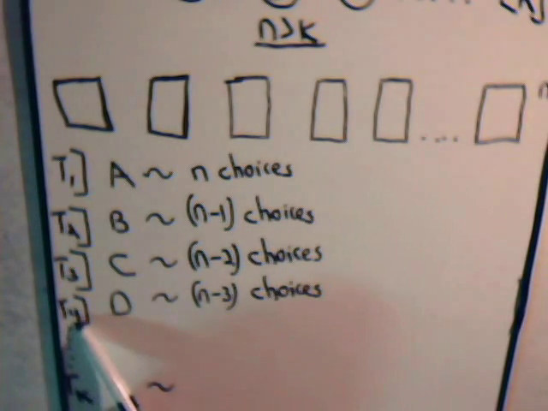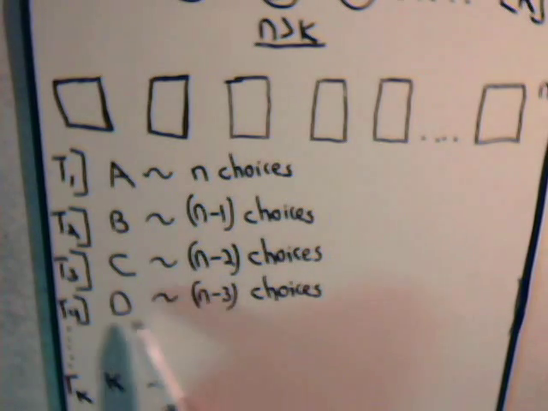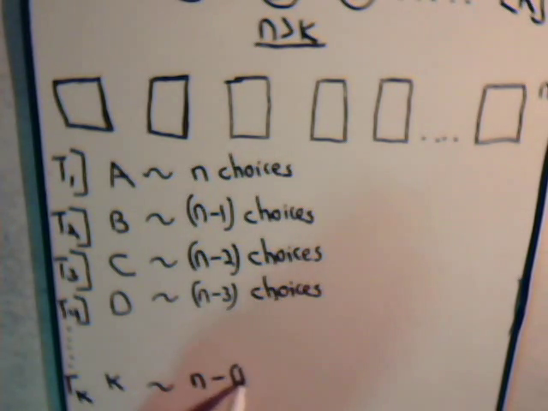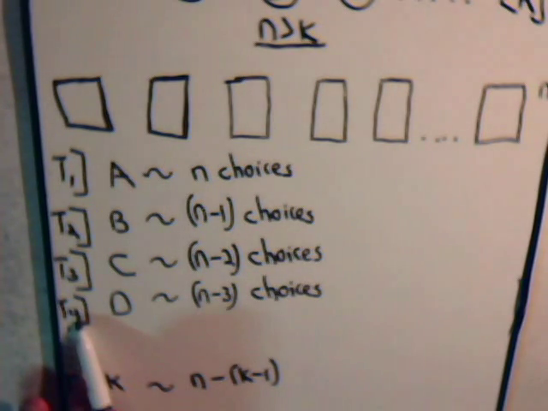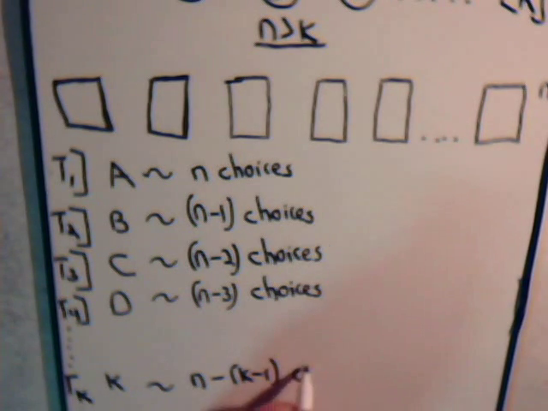The fourth object, n minus 3. So clearly, each number is one smaller than the previous one. Here we're having fourth object n minus 3, kth object n minus (k minus 1) choices, or this number of empty boxes.